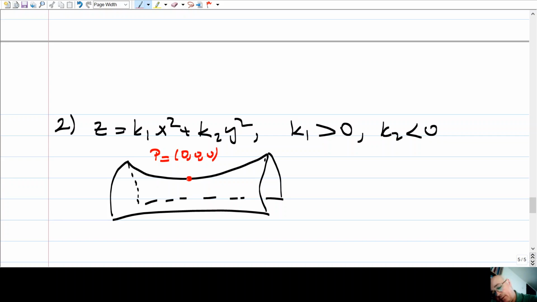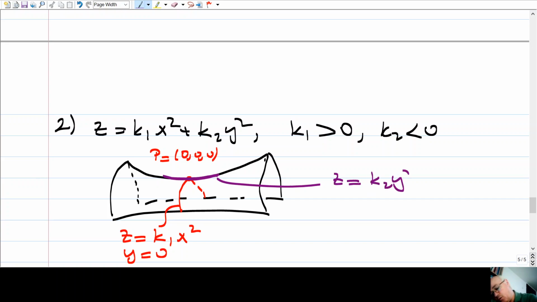We have one direction like this. This is the cross section given by z equals K1 x squared and y is 0, and then we have the other section like this, and this is the cross section z equals K2 y squared and x is 0.